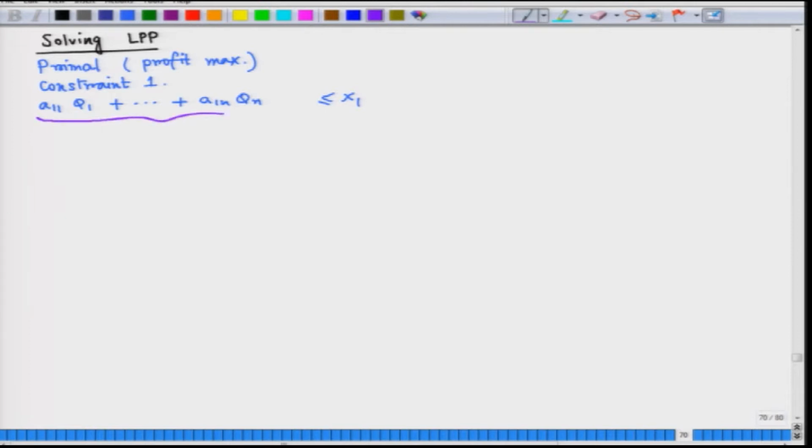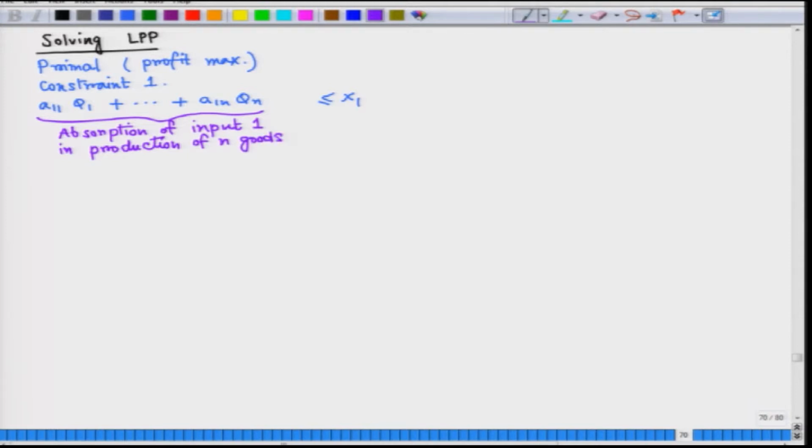This is basically the absorption of fixed input 1 in production of n goods.